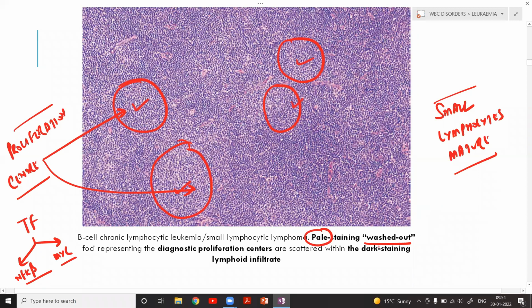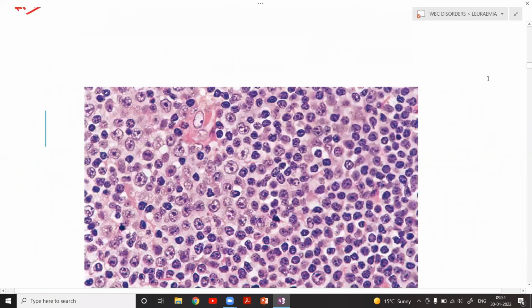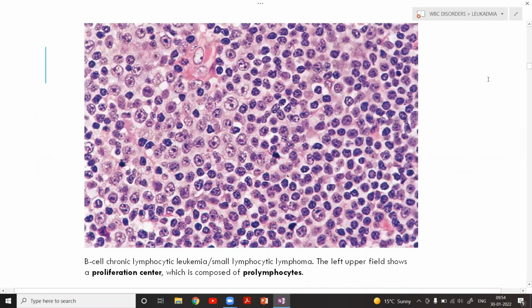In between, there is an increased amount of small mature dark staining lymphocytes. Once you go inside the proliferation center, this is the part which has the small mature lymphocytes.